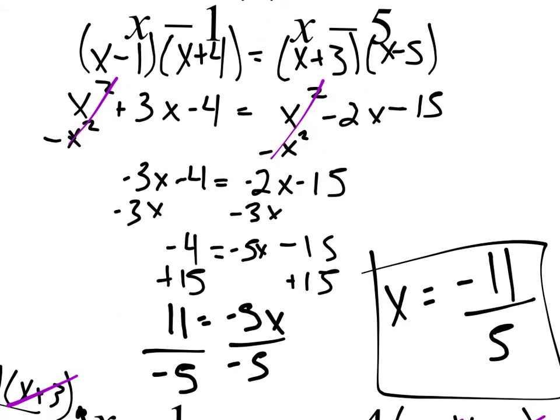Alright, now, looking more closely, if we multiply all of that out, we get x squared plus a 3x minus a 4. Foiling. You don't just multiply parts. Alright, you've got over here x squared minus 2x minus 15.